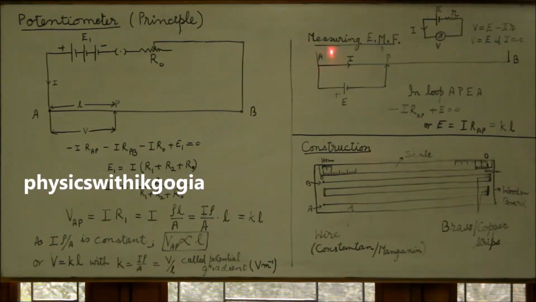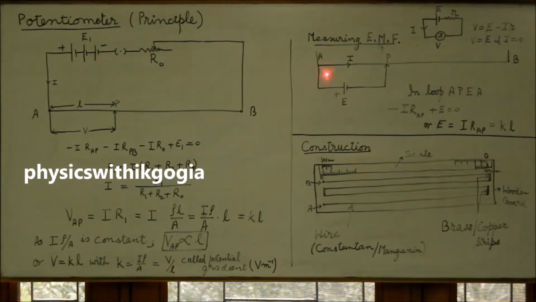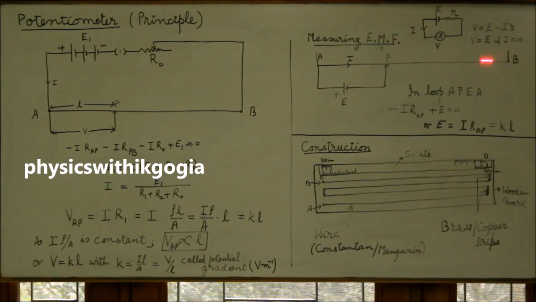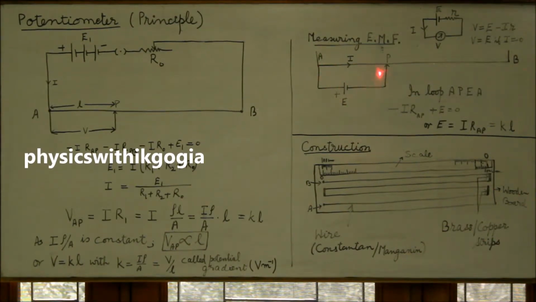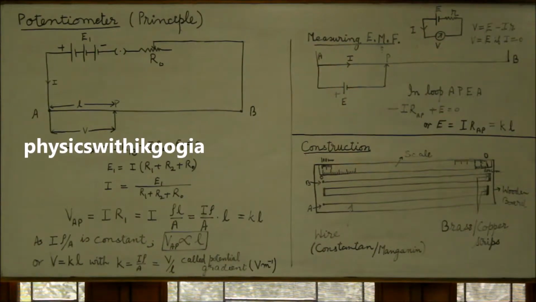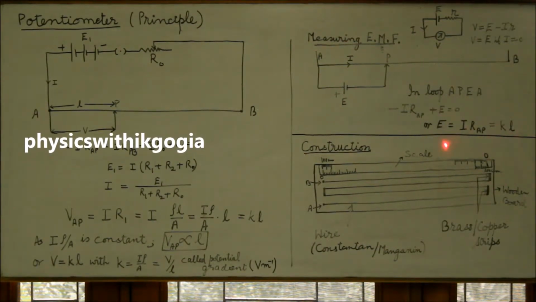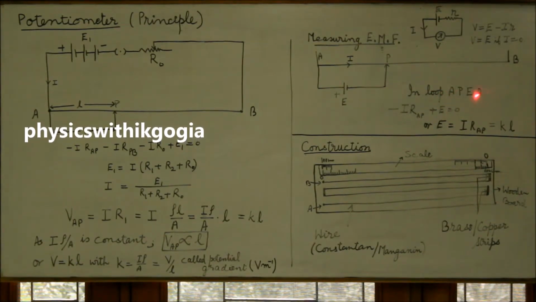This diagram here denotes the potentiometer wire AB. Other circuit is the same, and here we have connected a cell whose EMF we wish to determine. Applying Kirchhoff's law to loop APEA.